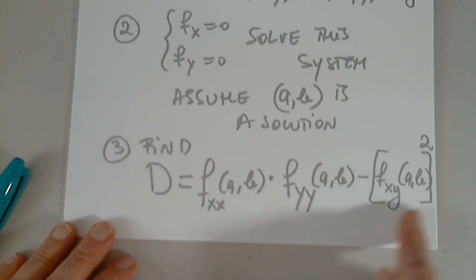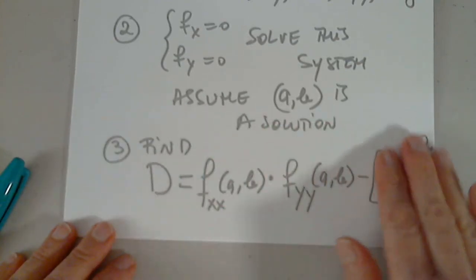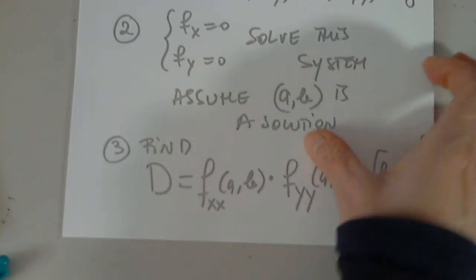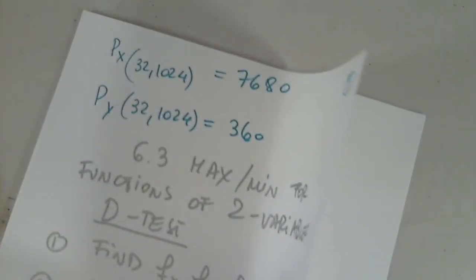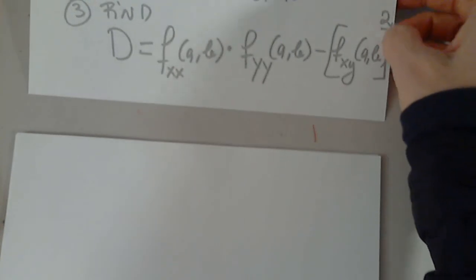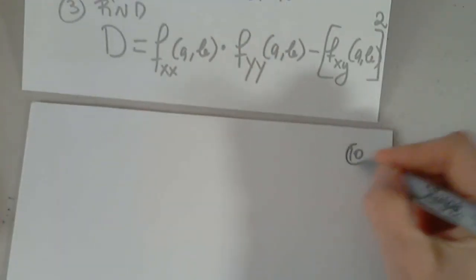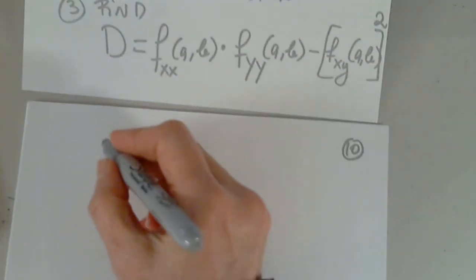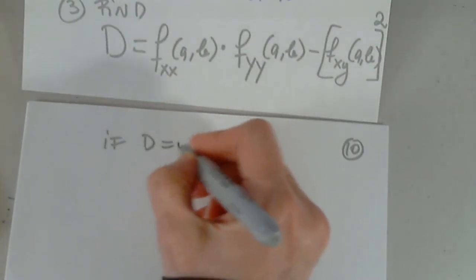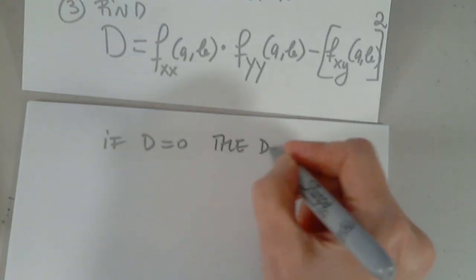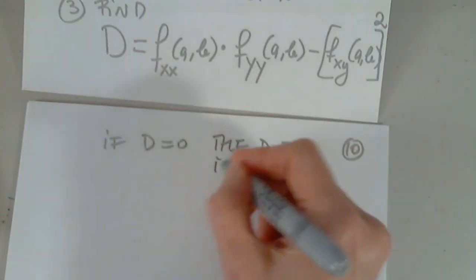Then we determine this number D. This is a real number. It could be positive, it could be negative, it could be 0. So there are 3 possibilities. If D is 0, the D-test is not applicable.